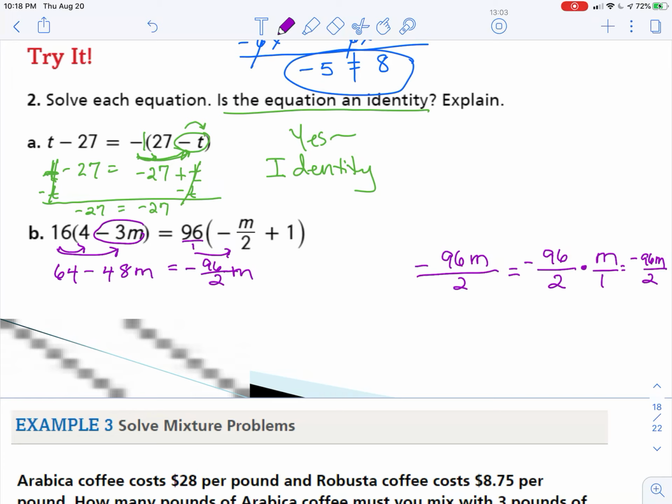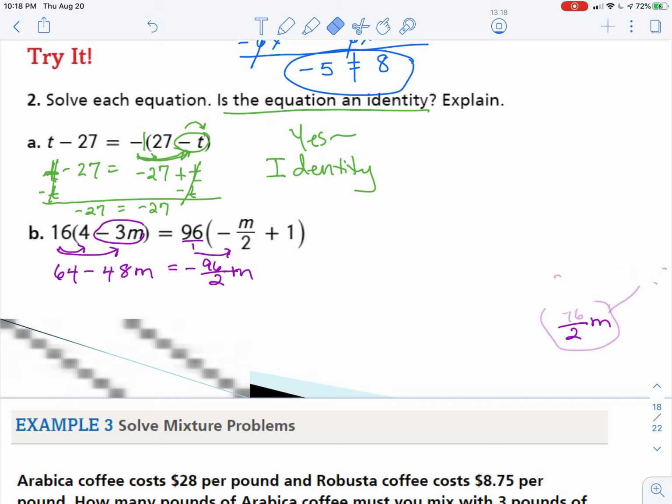So look, this is the same as negative 96 over 2 times m. Those two are the same. But we want to get the m outside the fraction, like free it up. We don't want it to be stuck inside there. So we're going to put the m outside here. We take 96 and multiply it with 1, and we get 96.